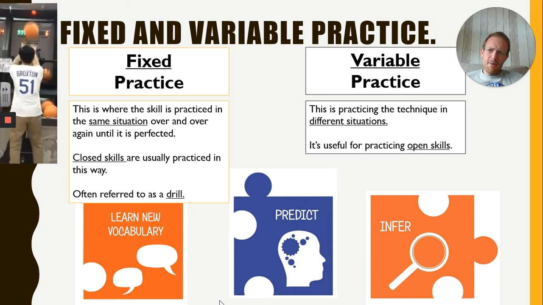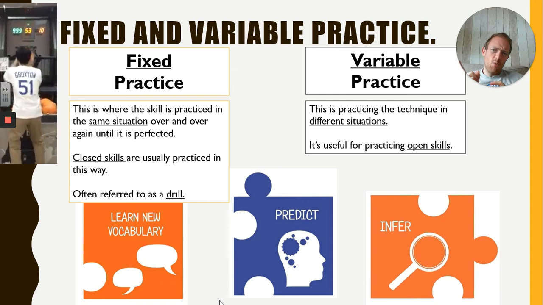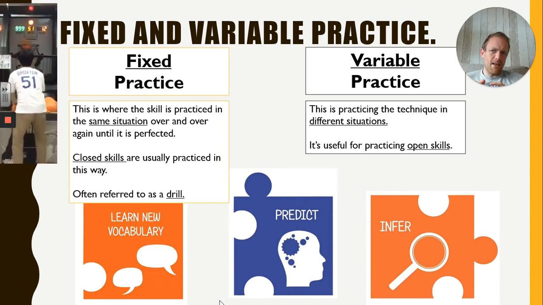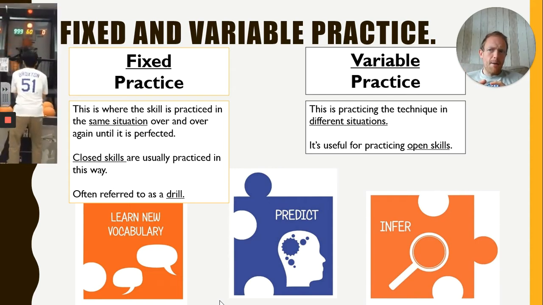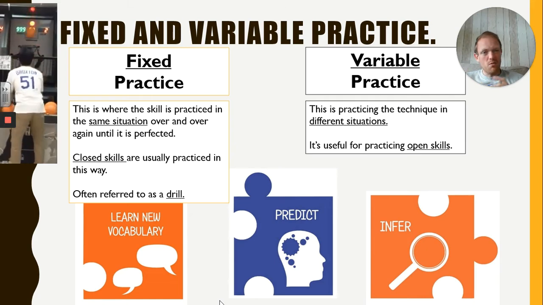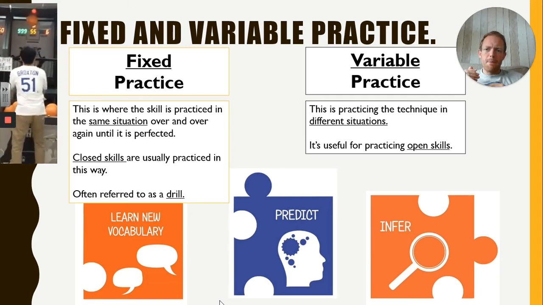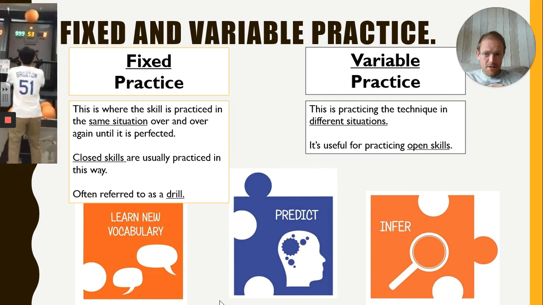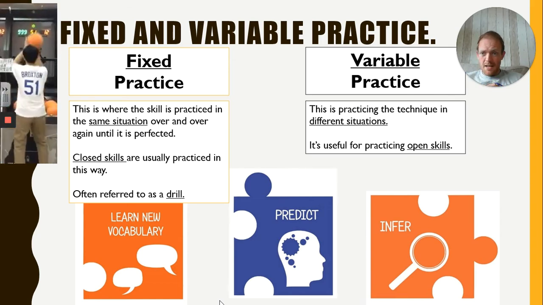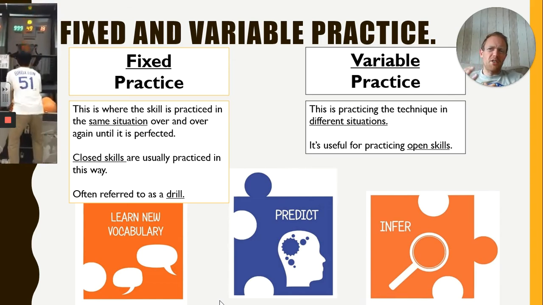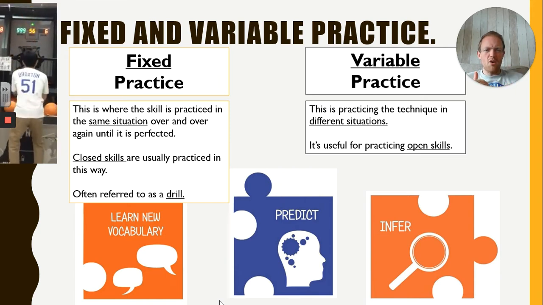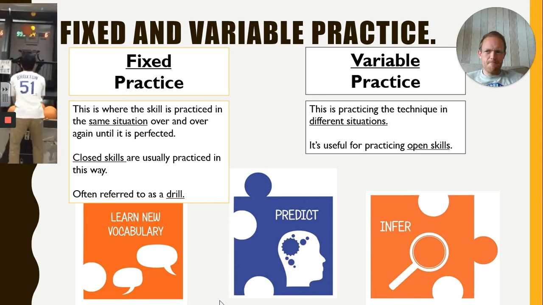And this is the same here. Obviously, if this was a game, it would be an open skill, because there'd be someone there to put him off if he was shooting into a basket, unless it was a free throw. But in a practice, this is fixed, this is closed. And it's often referred to as a drill. When we set up drills, you're not affected by anyone else.